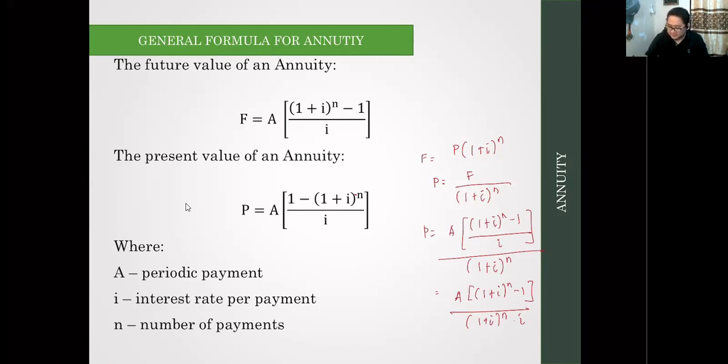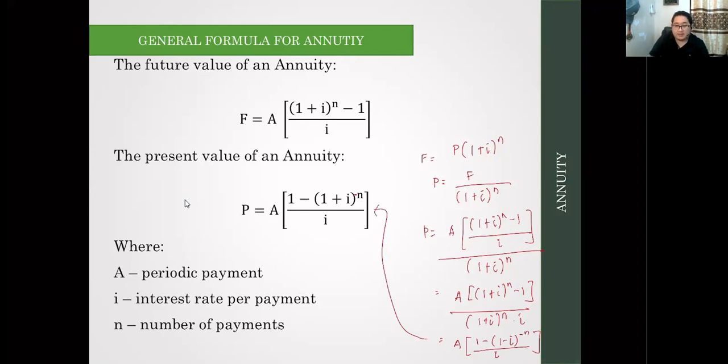Okay? So, pag i-distribute mo sa bawat form ng term sa taas, nung numerator, magiging siyang A times, yung magiging value nito will be 1 minus I, negative N over I, which is the same nitong formulang to.